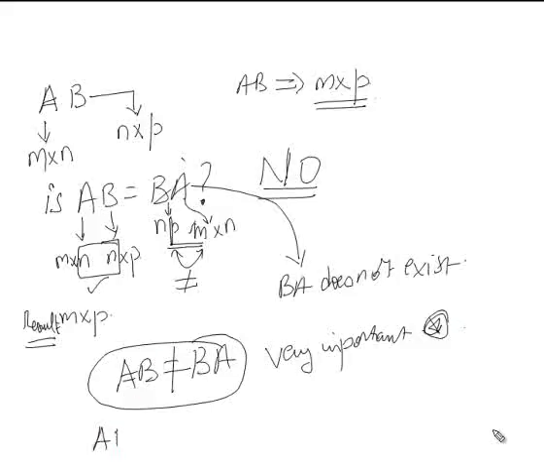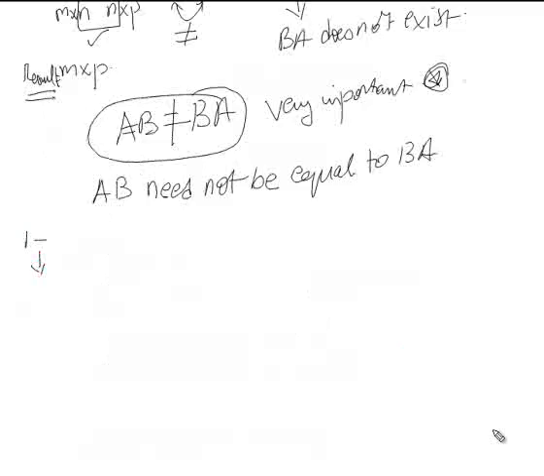Rather, if I write in English, AB need not be equal to BA. That is, it may be equal or it may not be equal. Say for example, A is a 2 cross 2, B is 2 cross 2. Then AB is also possible, BA is also possible.